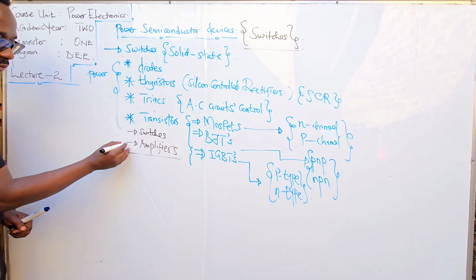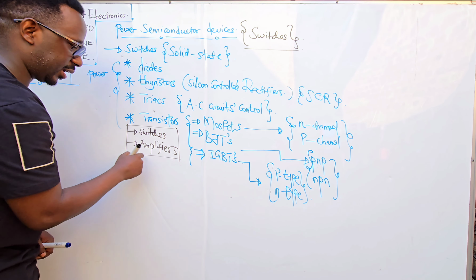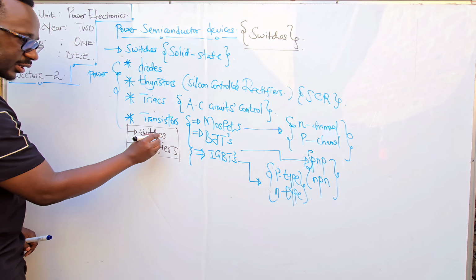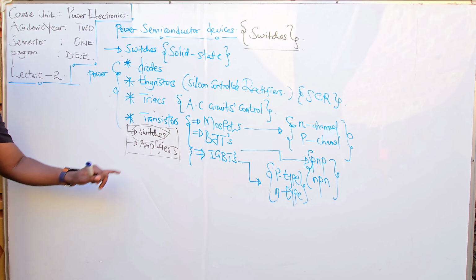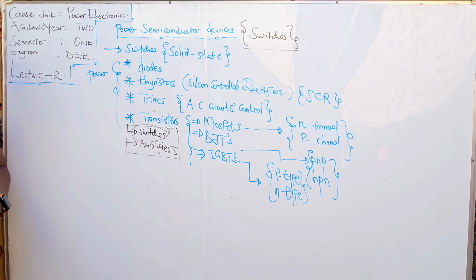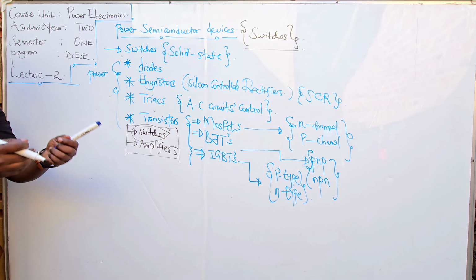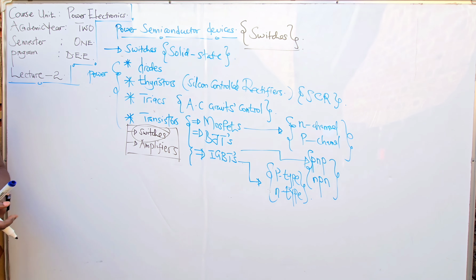So we can use them as either, but in this case, we are so much interested in the switch part because we are to use it as a switch to manipulate power.